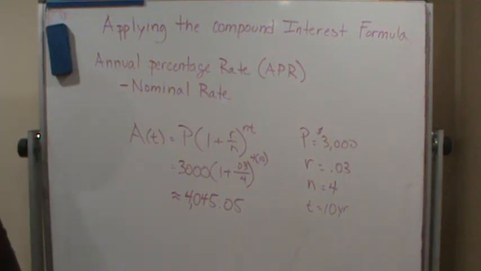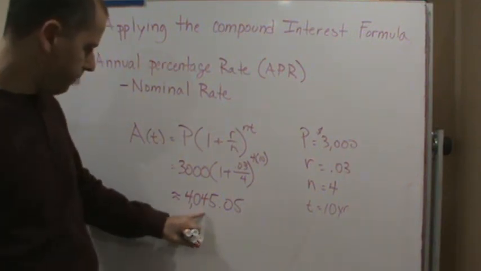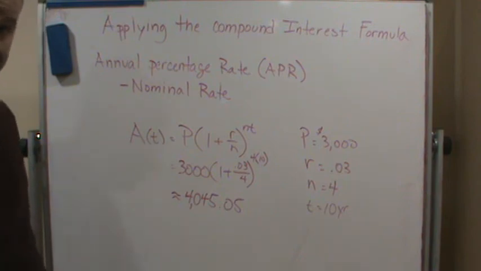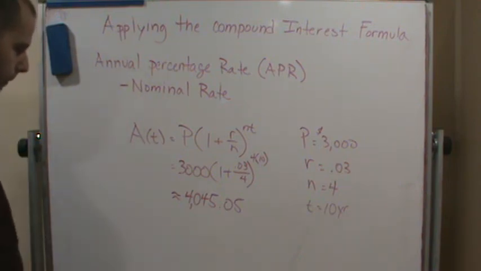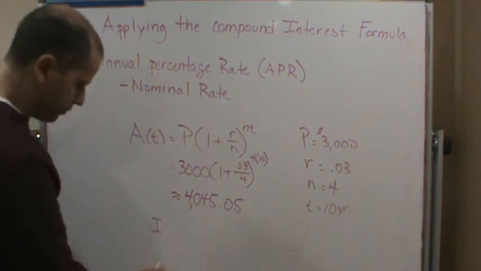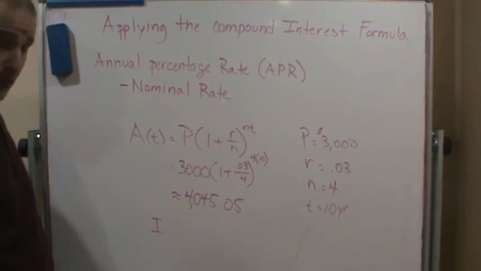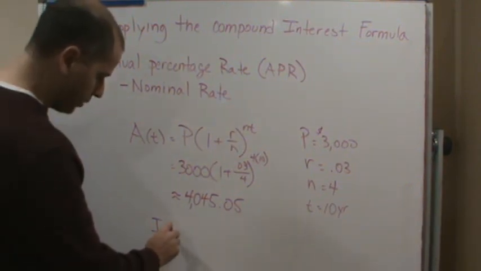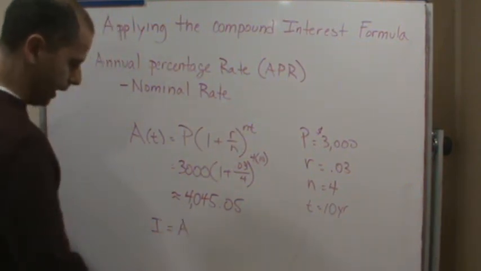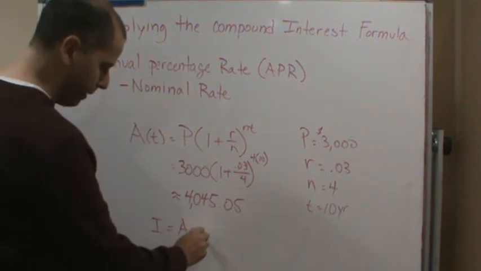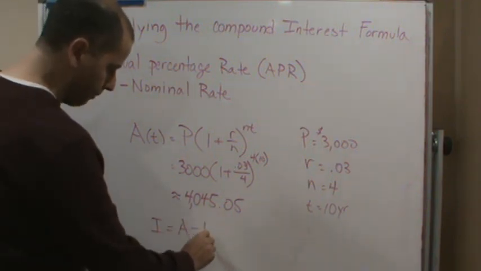I deposited $3,000. So how much money did I earn in interest? Well, interest is really easy. I started with $3,000 and that's all I put in, right? So interest is going to be my future value, my accumulated amount, minus my principal.